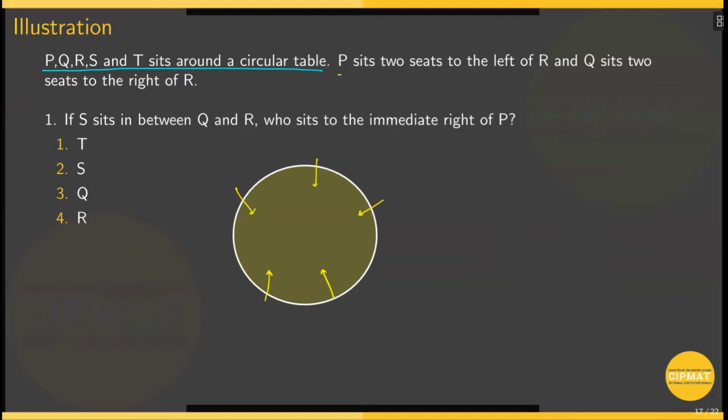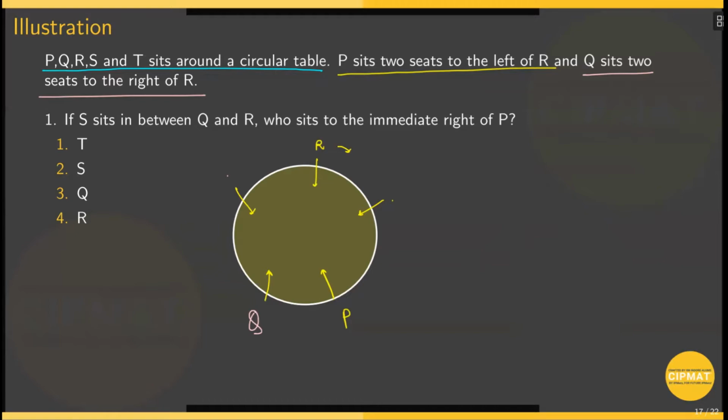It says that P sits 2 seats to the left of R. So if R is sitting over here, then to the left of R, P is going to sit: first seat, second seat. So P takes this place. It also says that Q sits 2 seats to the right of R. That means first seat, second seat, so Q must be sitting somewhere over here.